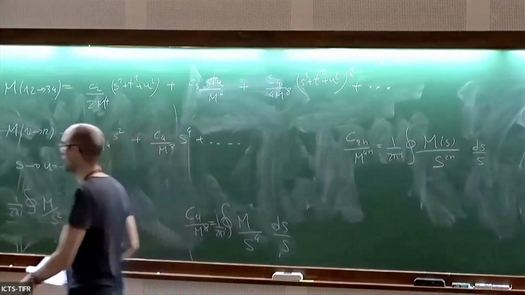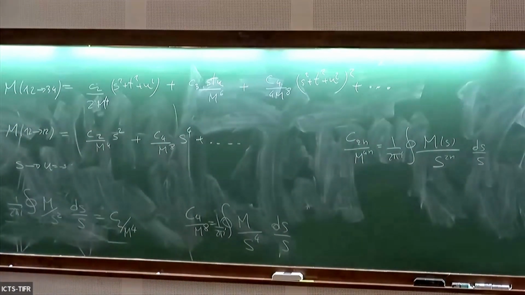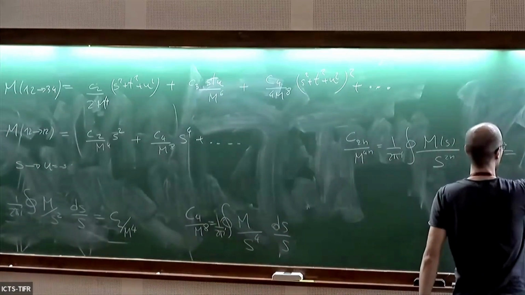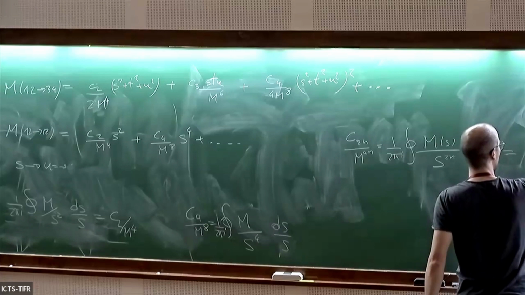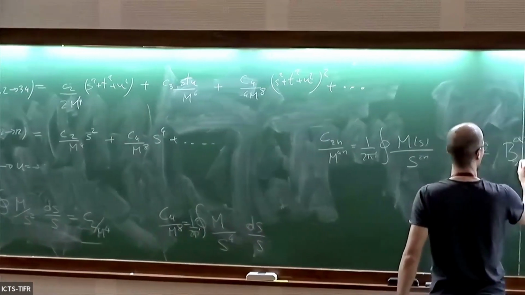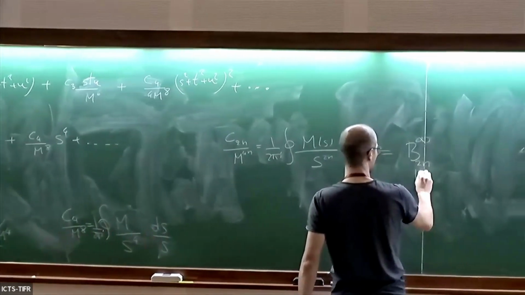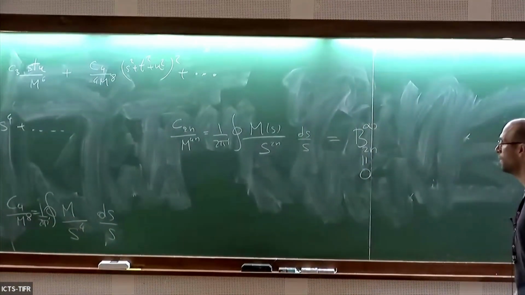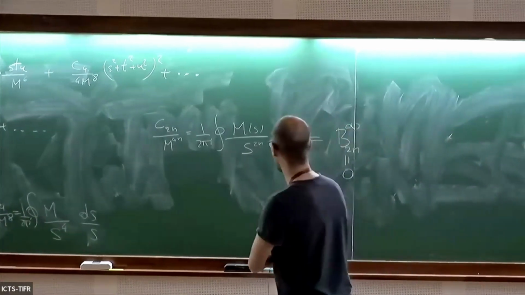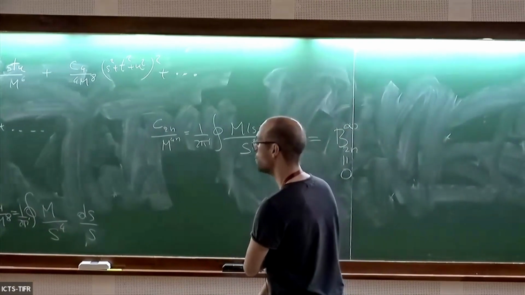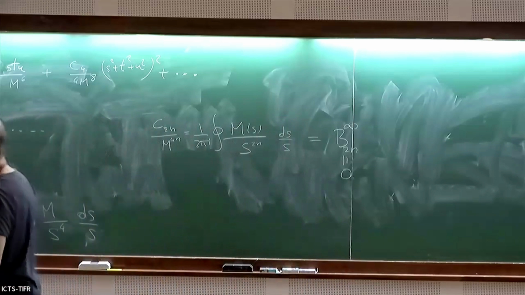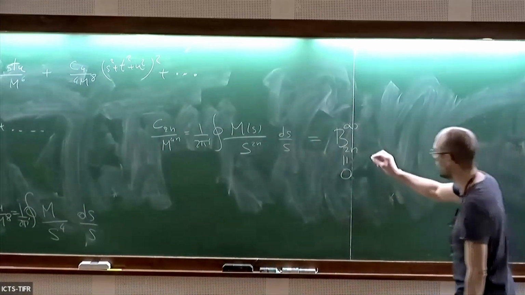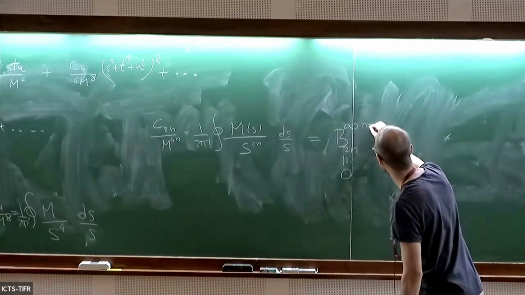So I can drop this contribution. So all these C2n are equal to the integral of the big circle at infinity, which is 0, as long as I'm taking n larger or equal than 1.